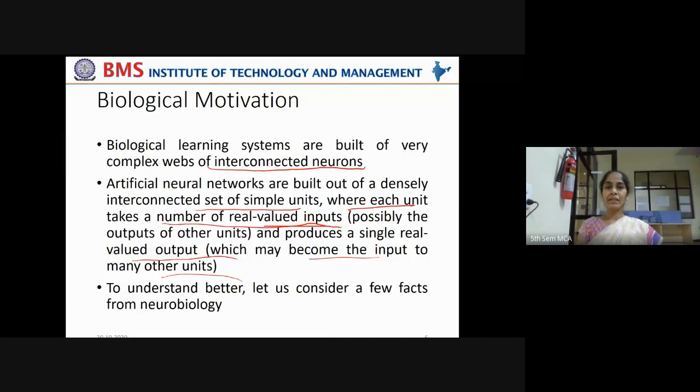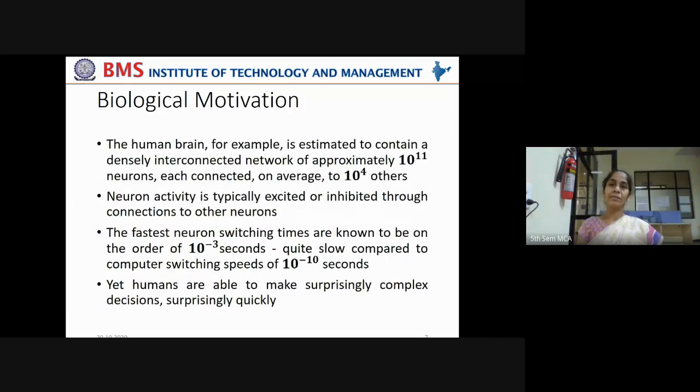Let me take you back to this brain example and make you experience better how these artificial neural networks actually work. The human brain, for example, is estimated to contain a densely interconnected network of approximately 10^11 neurons. That is not a simple number, right?